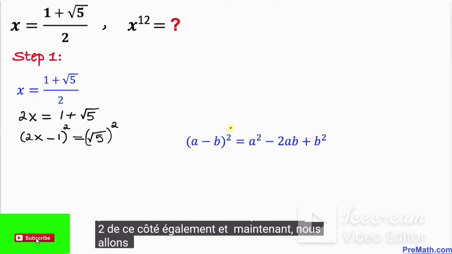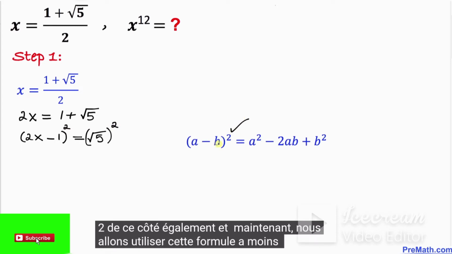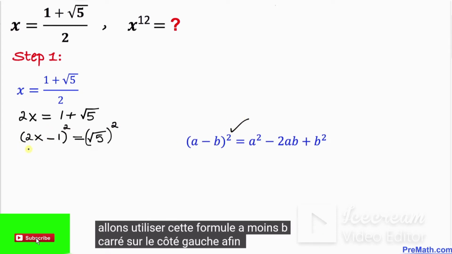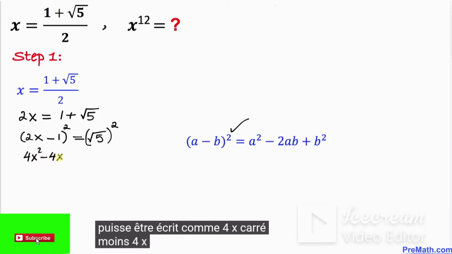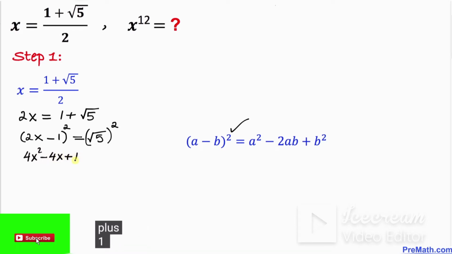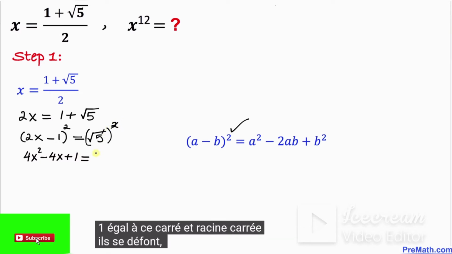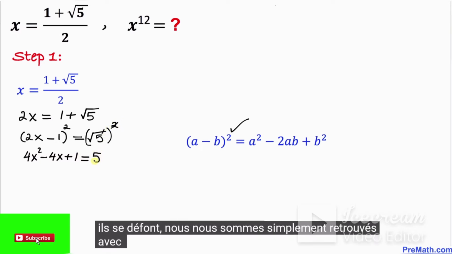And now we are going to use the formula (a minus b) square on the left hand side. So this could be written as 4x square minus 4x plus 1 equals this square, and square and square root undo each other. We simply ended up with 5.